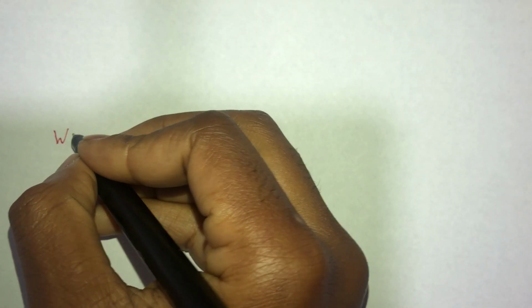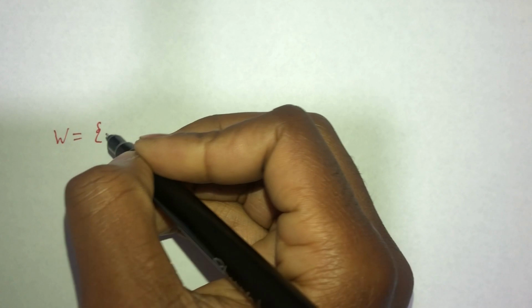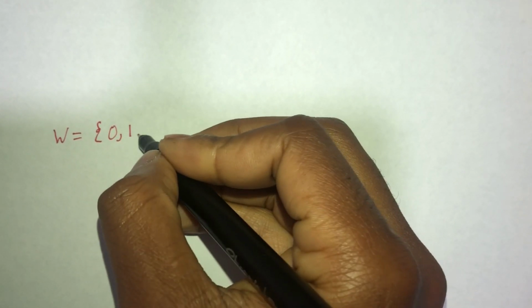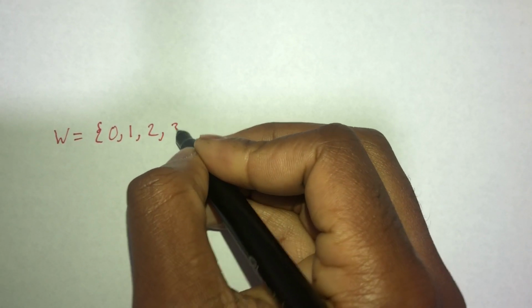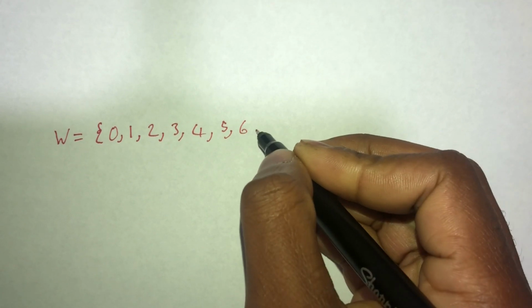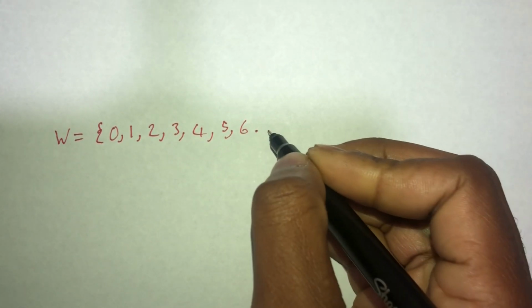We know that the set of whole numbers includes 0, 1, 2, 3, 4, 5, 6, and we can continue forever.